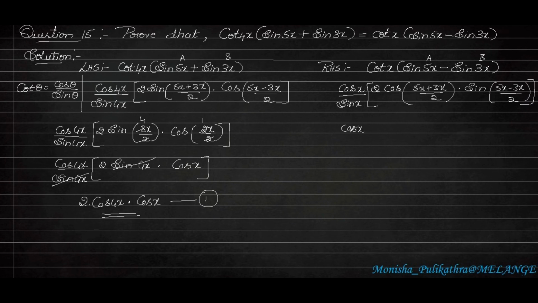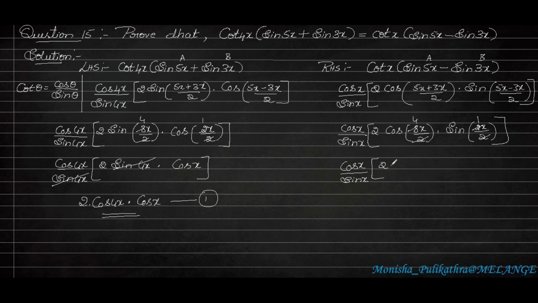So it will be cos x by sin x. So this will be 2 cos 8x by 2 into sin 2x by 2. So the 2 fours cancel and the 2 ones cancel. So this is cos x by sin x.